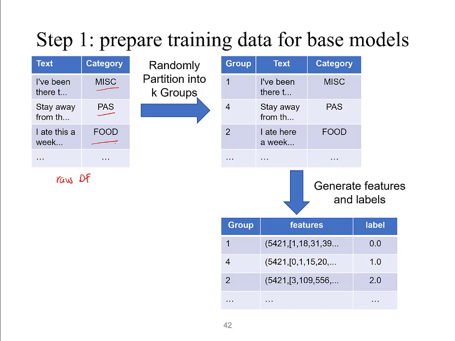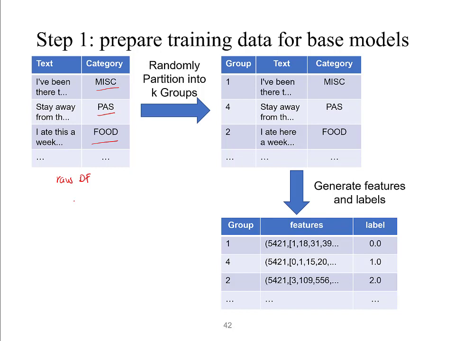And MISC is for those reviews that do not belong to any of these two categories, or the reviews that are actually a mixture of PAS and food. Right. So these are three different categories, and these are the text, and they form the raw data frame. We have raw data, and we have the category.